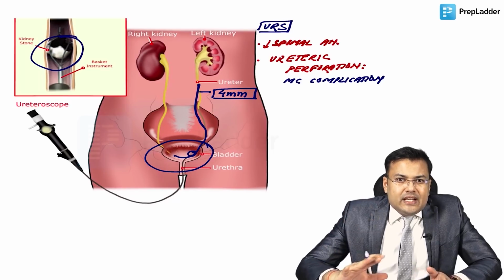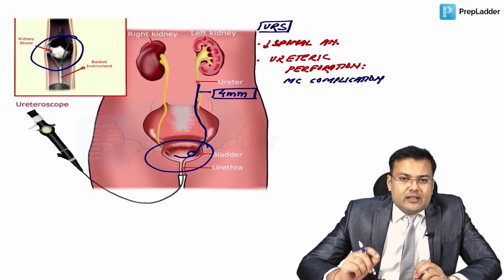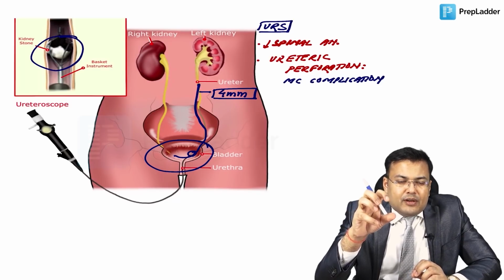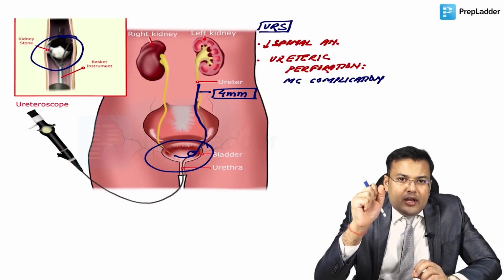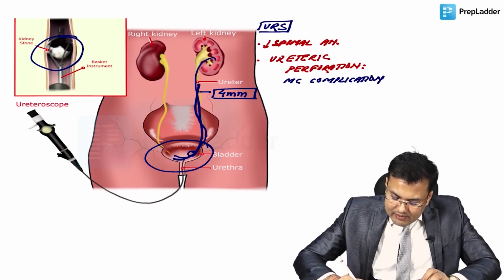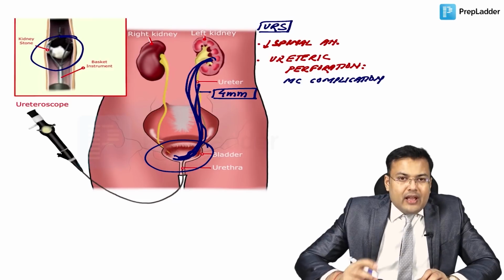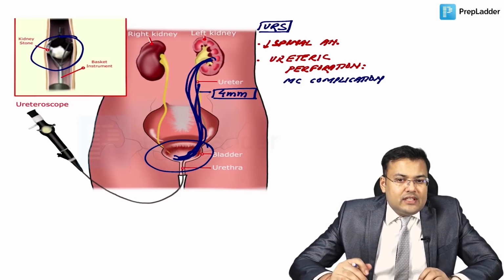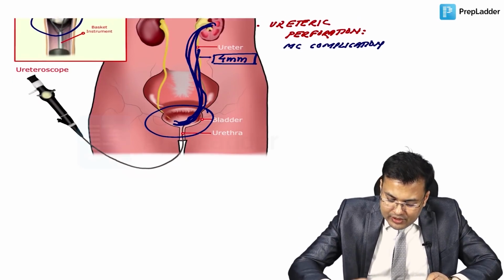DJ means double J stent. Sometimes the fragments of DJ stents are there. So if some foreign body is there, you can remove that. If you have to insert a DJ stent, you can insert it with the help of what? Ureteroscopy. And sometimes there is urothelial tumor, we can take what? Biopsy. So these are the indications of URS or ureteroscopy.